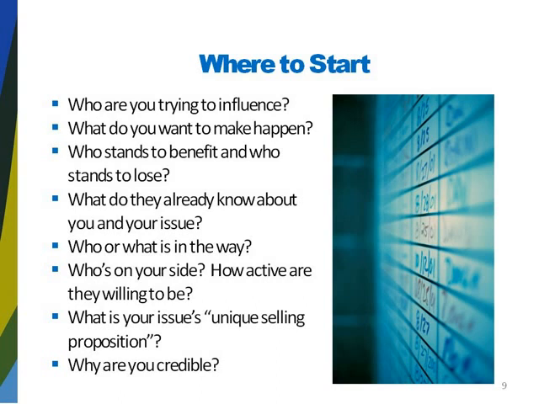Who or what is in the way? Who could prevent you from getting to where you need to go? What are those obstacles that you're going to have to overcome? Who's on your side? And how active are they going to be? Many people, we all know, turn out to community meetings when they're really not happy with something.